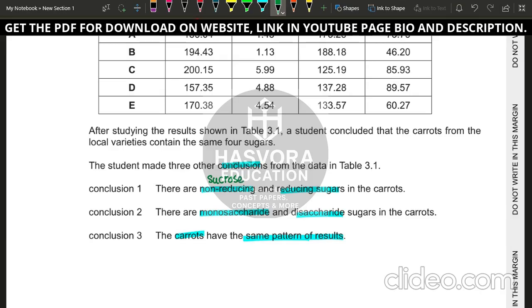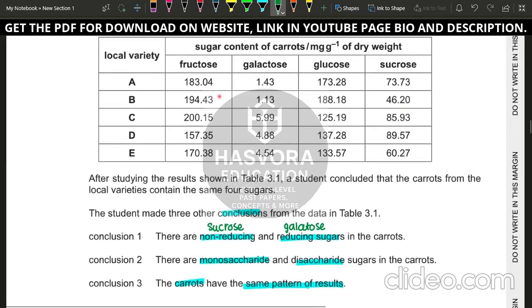The reducing sugars are galactose, glucose, and fructose, and the other 2 disaccharides, which are lactose and the other one as well. These are all of your reducing sugars, and in your syllabus there is only one non-reducing sugar, and that is sucrose.